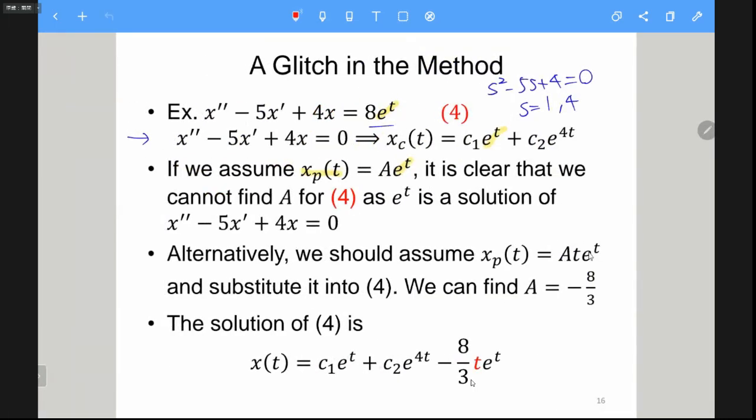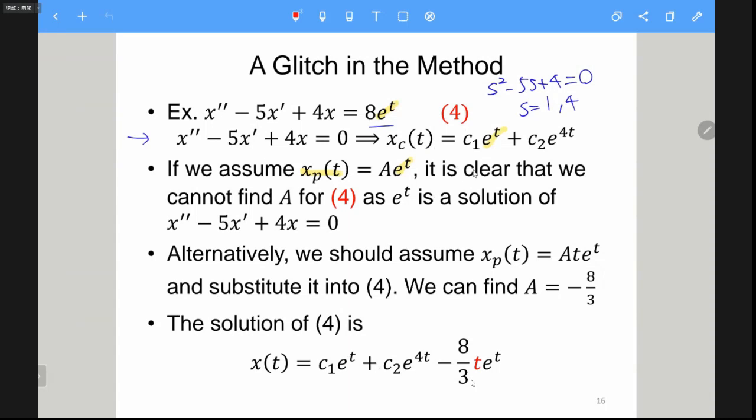Then you plug this back into the original equation, and you will find A to be negative A over 3. So this is how we need to solve it.